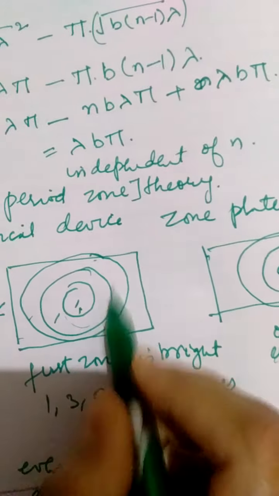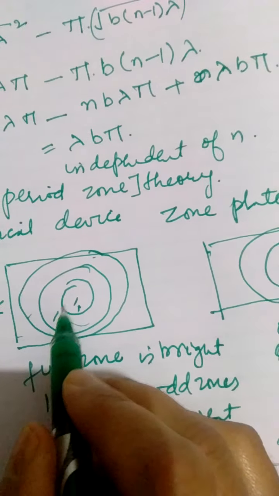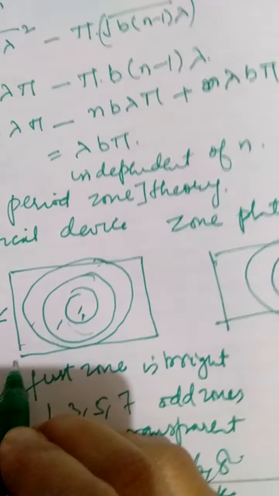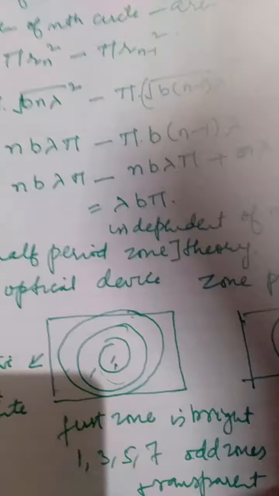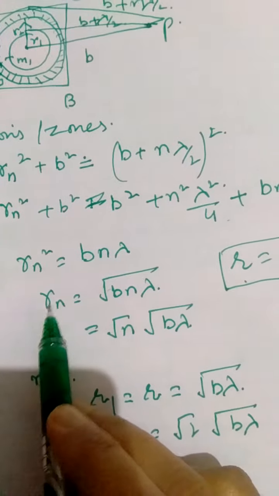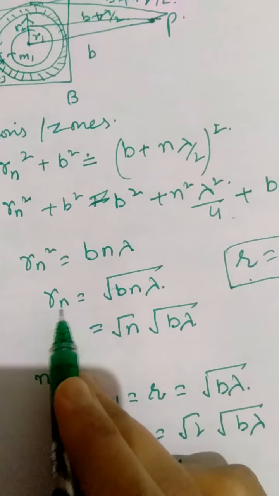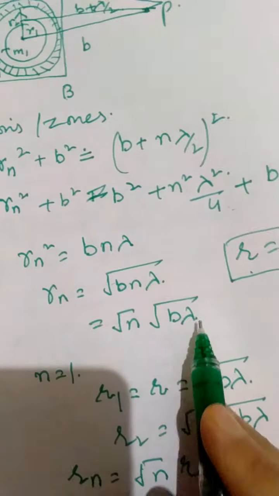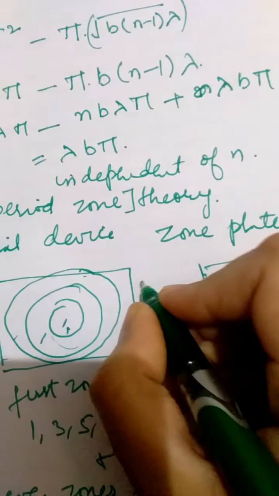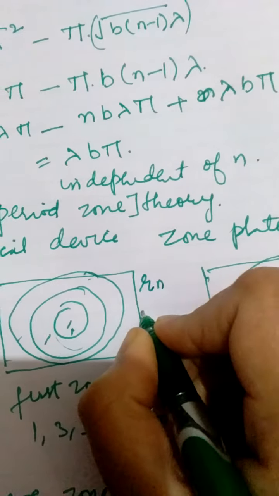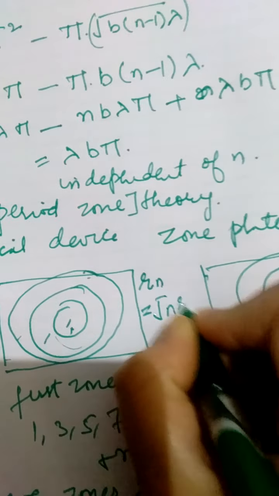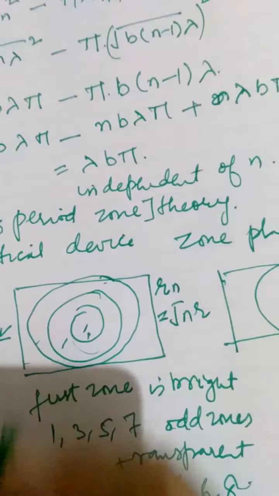But remember, in both cases, when we draw the concentric circles using a fine diamond pointer on a plain glass plate, the relation of the radius remains this. That is, the radius of every nth circle will be root n times the radius of the first circle, right?